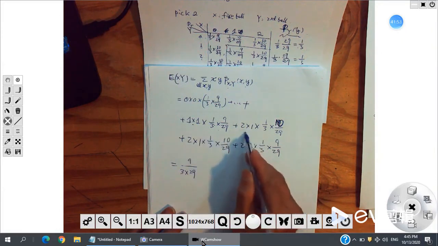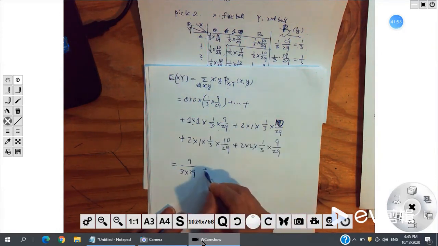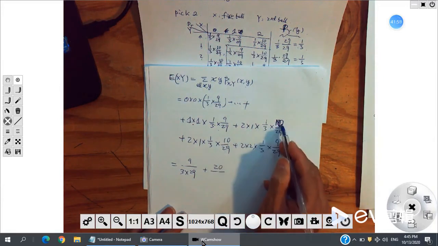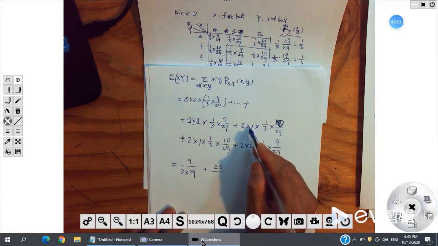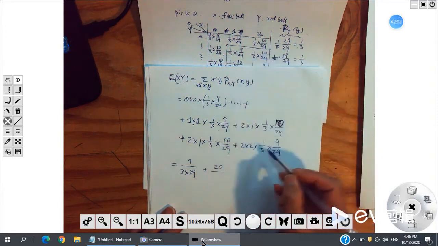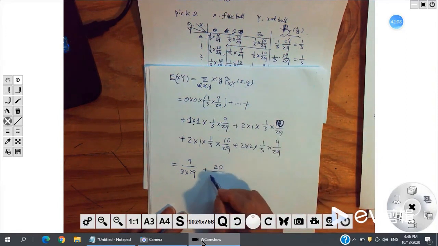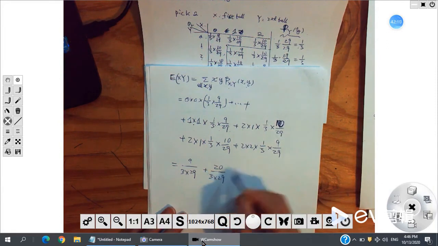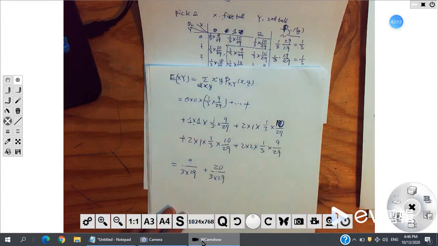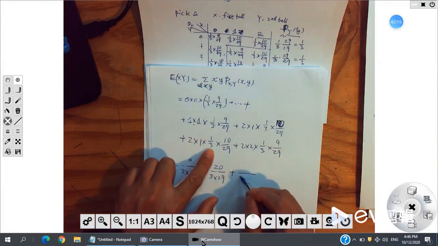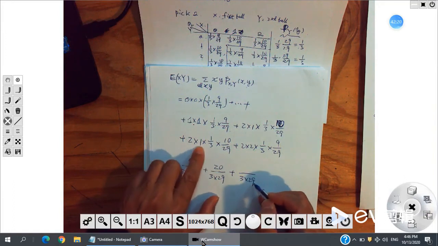And the second non-zero term plus 2 times 10, so I have 20, over 3 times 29. And the third term, the denominator is still 3 times 29, and the numerator is 2 times 1 times 1 times 10, which is 20.